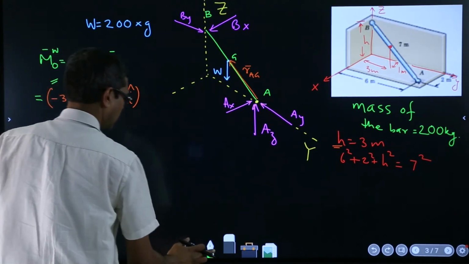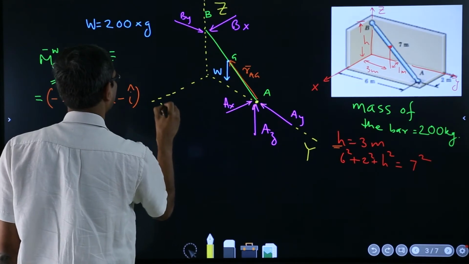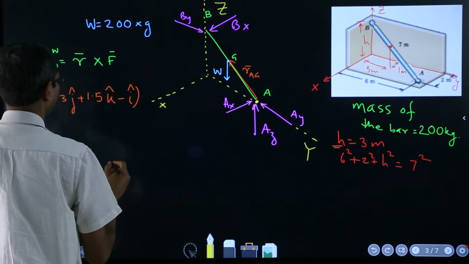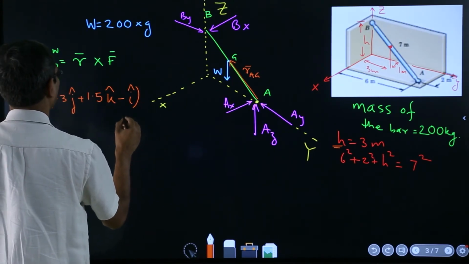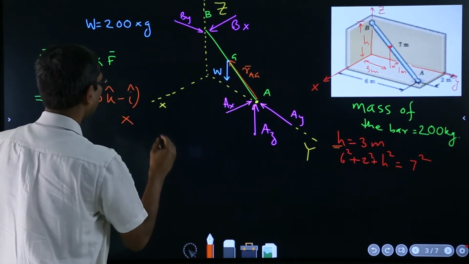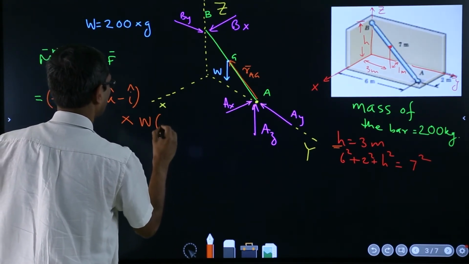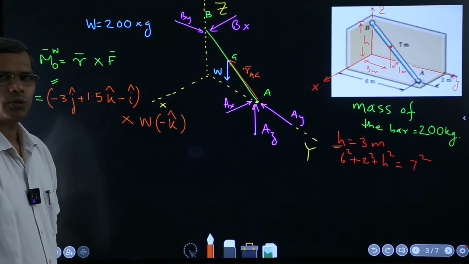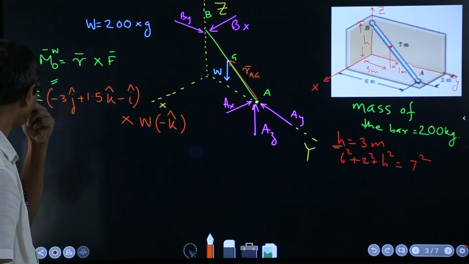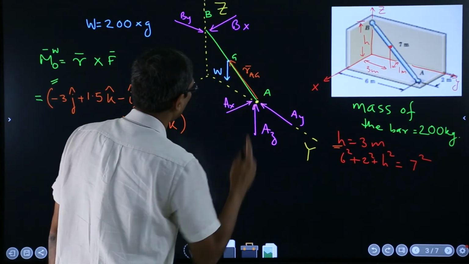Okay, so this was our x-axis. Now this crossed with F. F is what? W times minus k. So that is one moment, of this W about O.